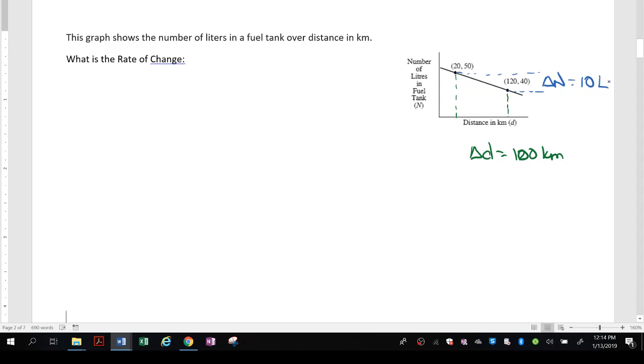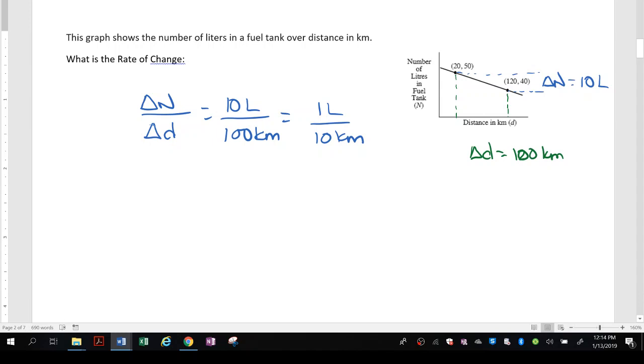So now our slope here is the change in N over the change in D, and we have 10 liters per 100 kilometers, or we can reduce this to 1 liter per 10 kilometers. Now you'll notice that the slope here is negative.